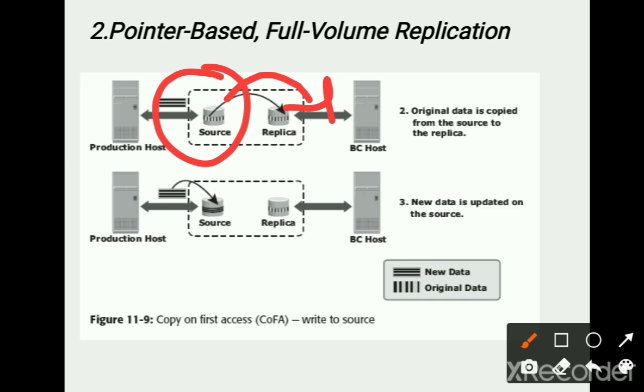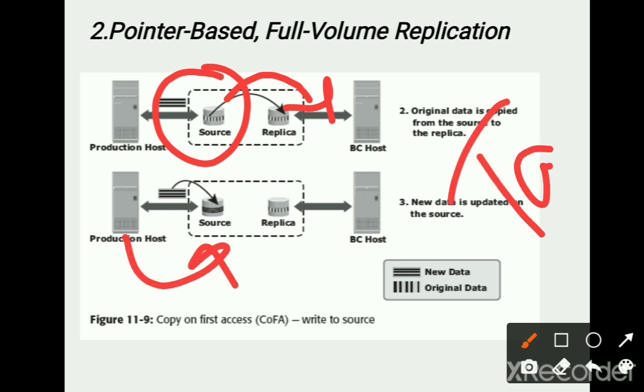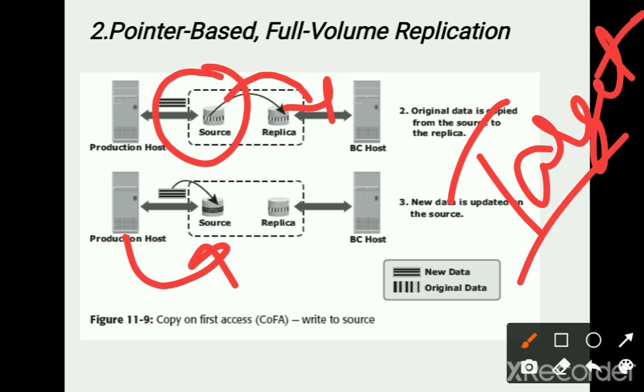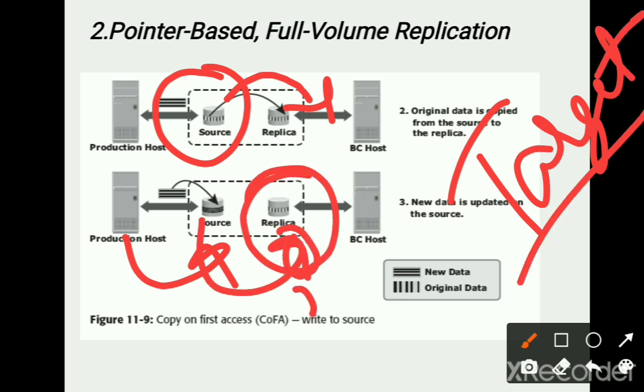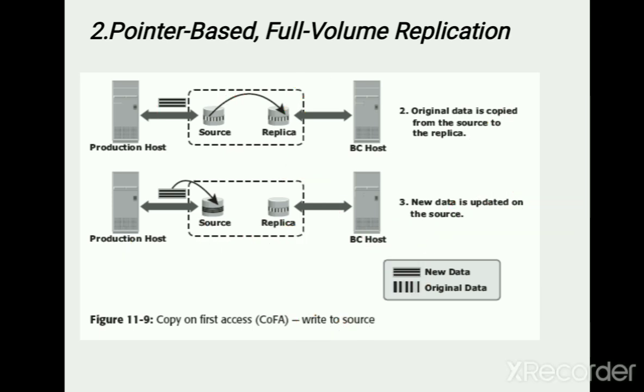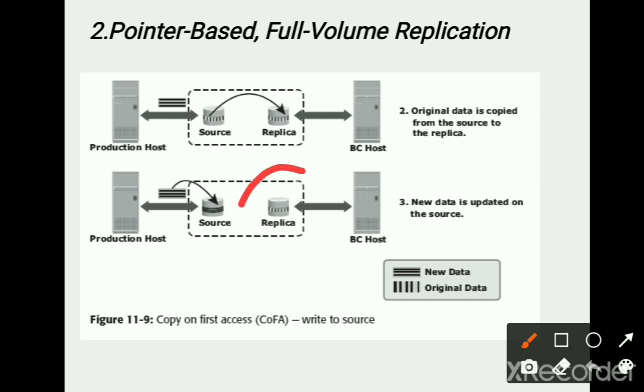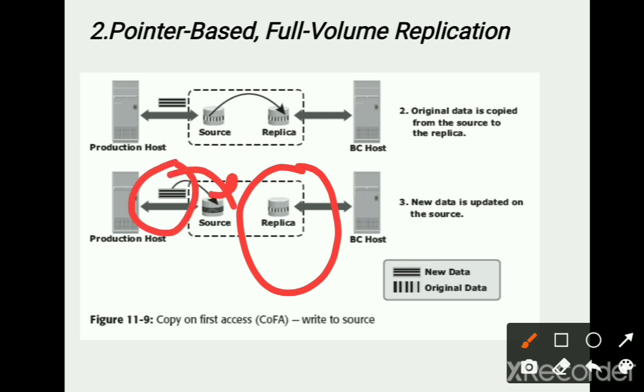Now in case new data comes for the source, at that particular period of time, the data from the source is completely copied to the target. So I can say that full mirroring is done. At the same time the source waits until the whole data is copied to the target, and once new data approaches the source, the data is changed.